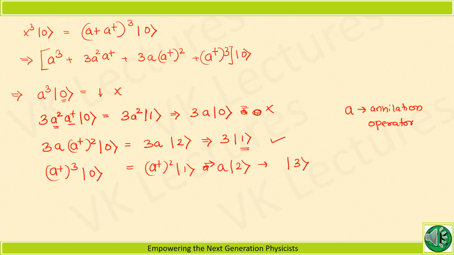You need to understand that a, the annihilation operator, brings the state to a lower state. If a acts on m, we get the m minus 1 state. If a dagger acts on m, we get the m plus 1 state.